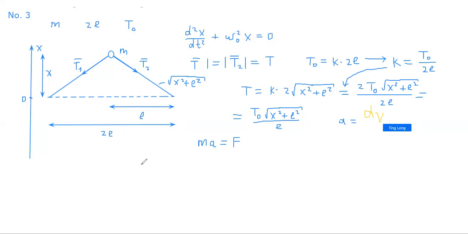Oh yes, that's right. This is definitely what we need in this case.